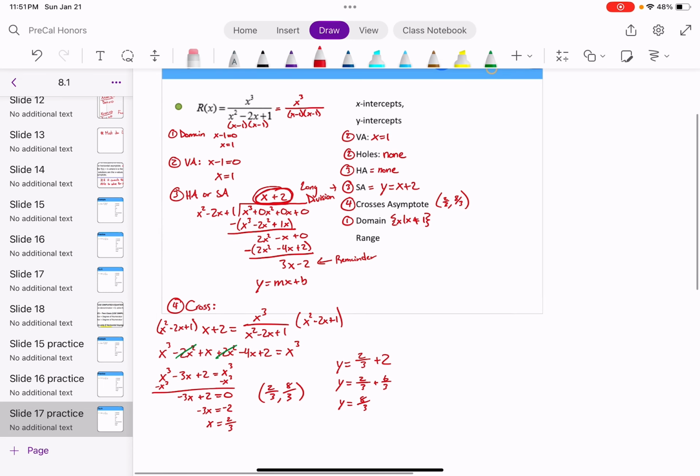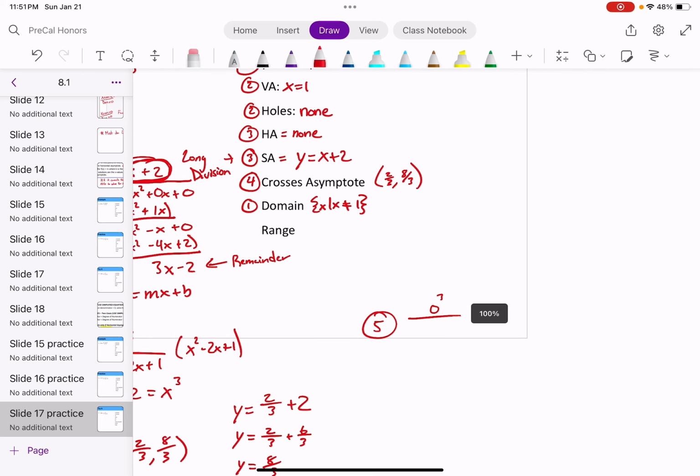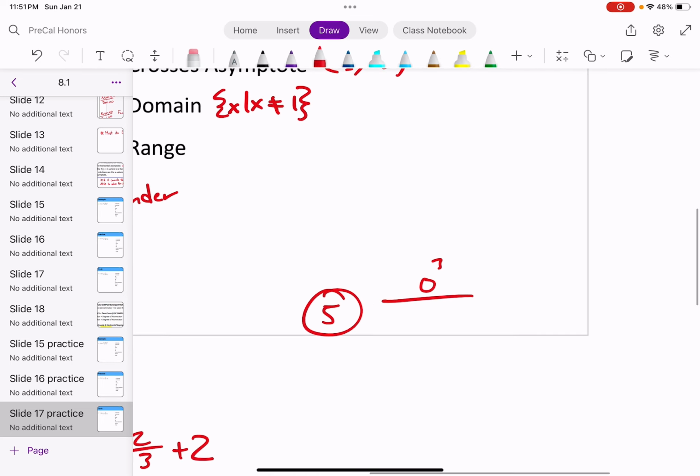We'll do that right over here. 0 to the third power over 0 squared minus 2 times 0 plus 1 is equal to 0 over 1, which is 0.